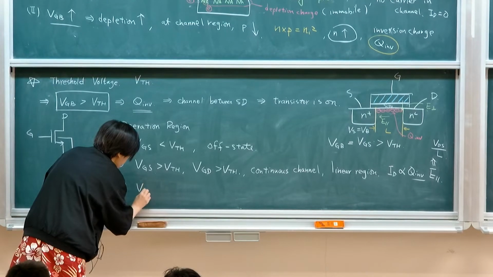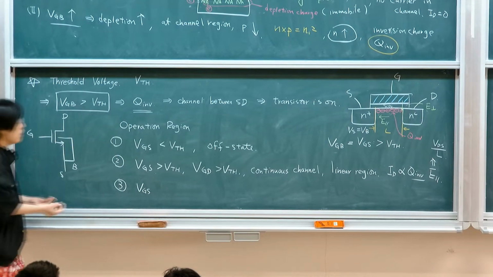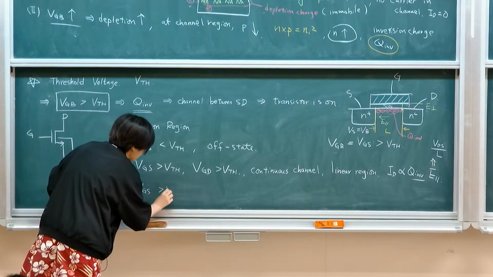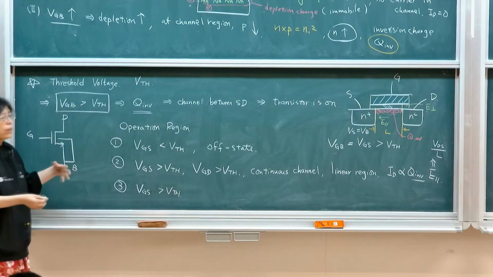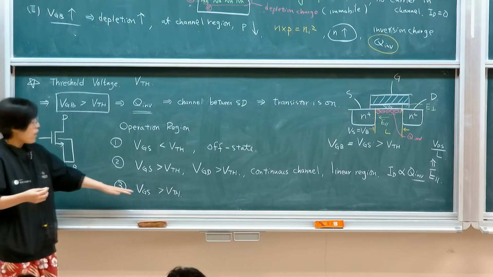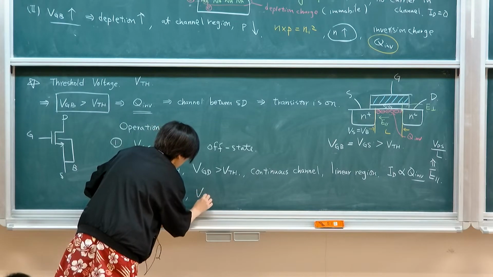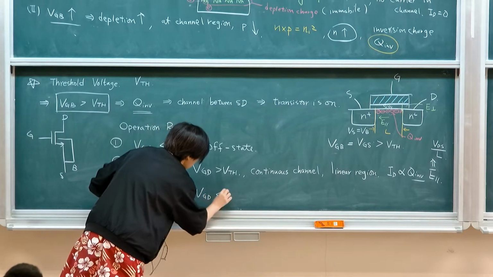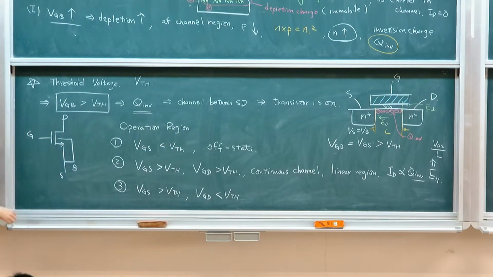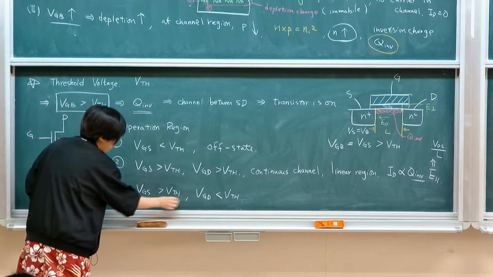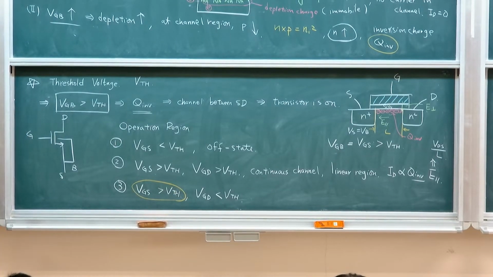There's another scenario where you still have conducting current, but there's only inversion charge at the source side, no channel on the drain side.